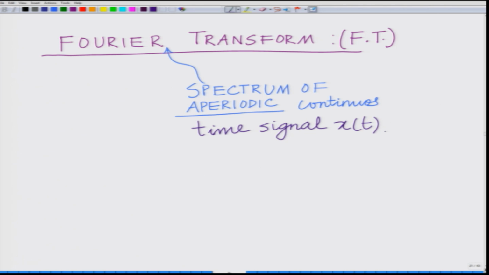Remember, previously we looked at the spectrum, that is the discrete Fourier series, of a periodic signal x(t). Now we are looking at the Fourier transform, which gives the spectrum of a continuous aperiodic time signal x(t).